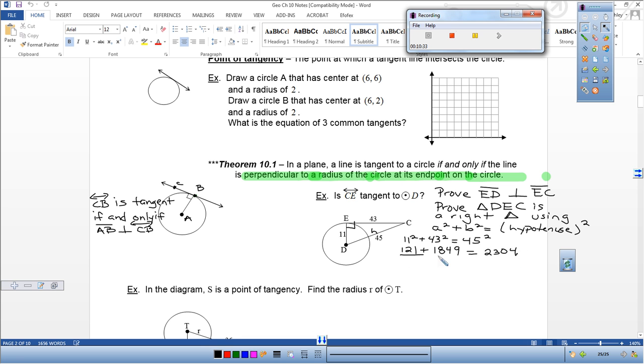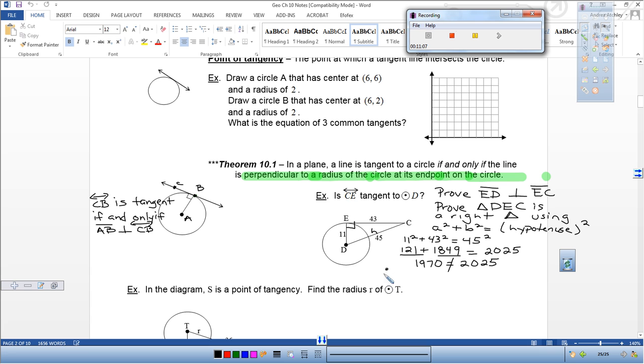I'm going to add these two. These are equal. Oh, that's wrong, right? Yeah. I see the wrong numbers. I'm using the numbers from the next. 2,025. That's 45 squared. Okay, so we're going to add those together and I should get 1,970. So that equals 2,025. No, they're not equal. Okay?